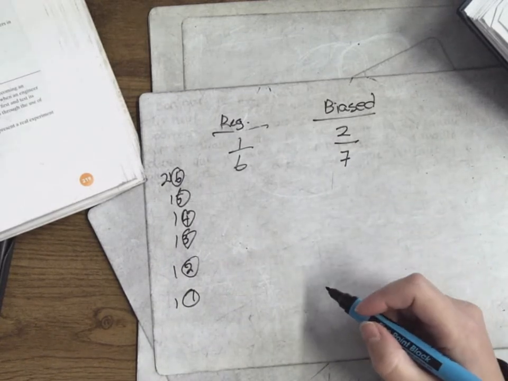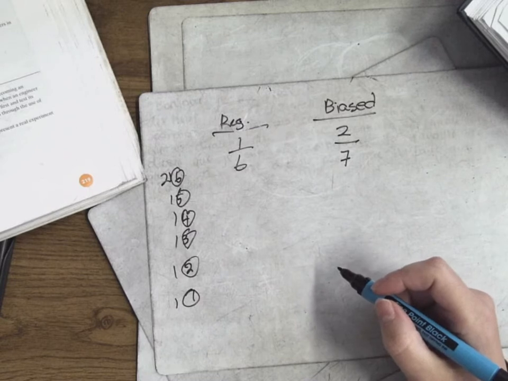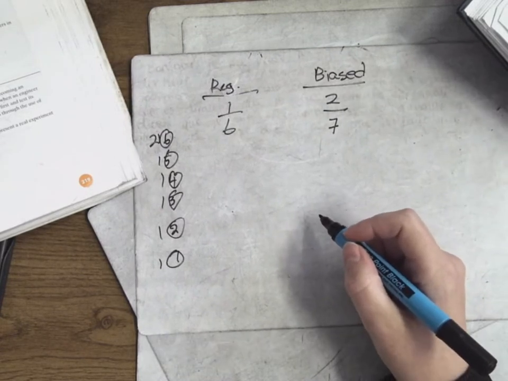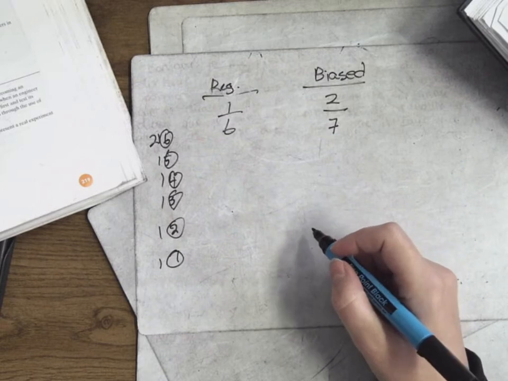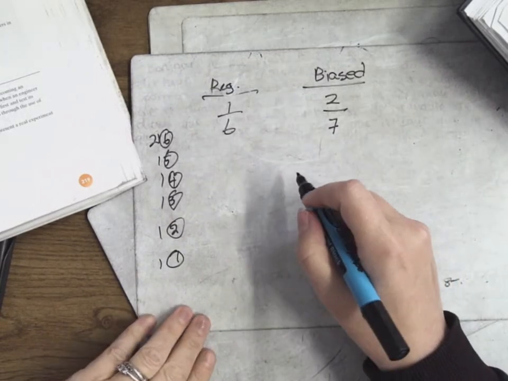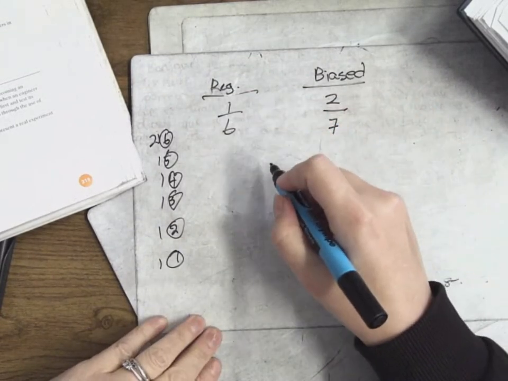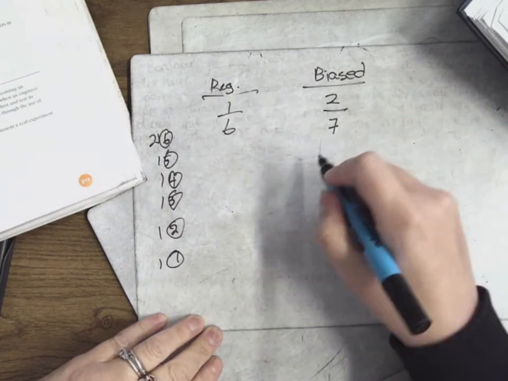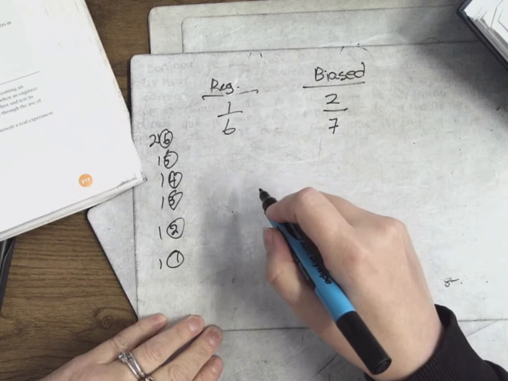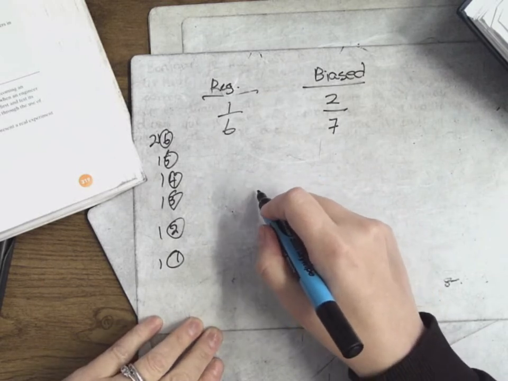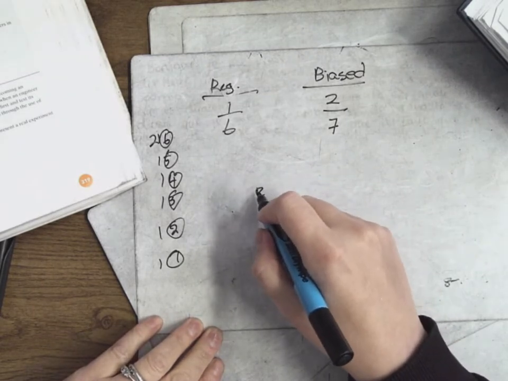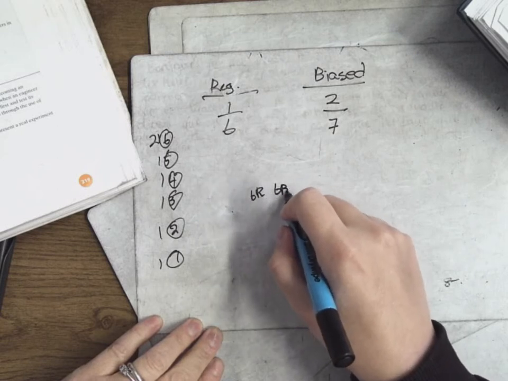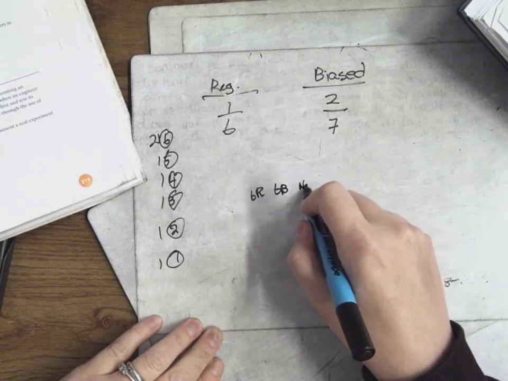Okay? So then they're going to be thrown 3 times. Find the probability of rolling exactly 2 6s. Right, so we have to get 2 6s, okay? So if we get a 6 on the regular dice, a 6 on the bias dice, and no 6 on the bias dice.